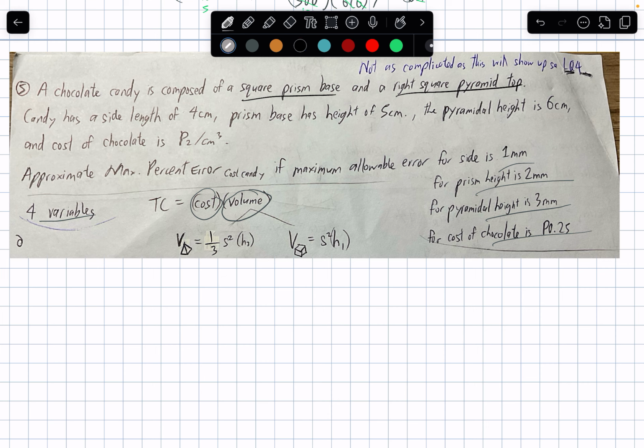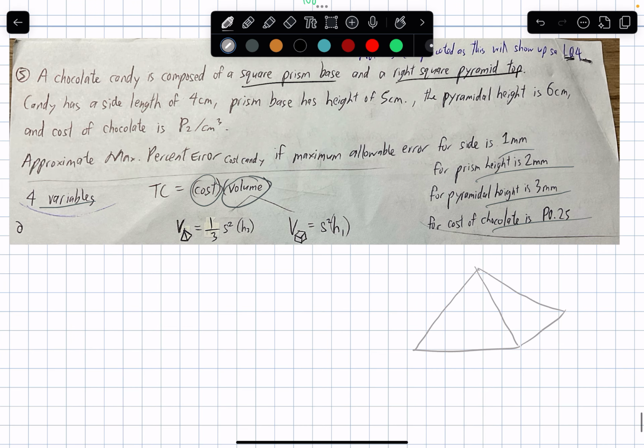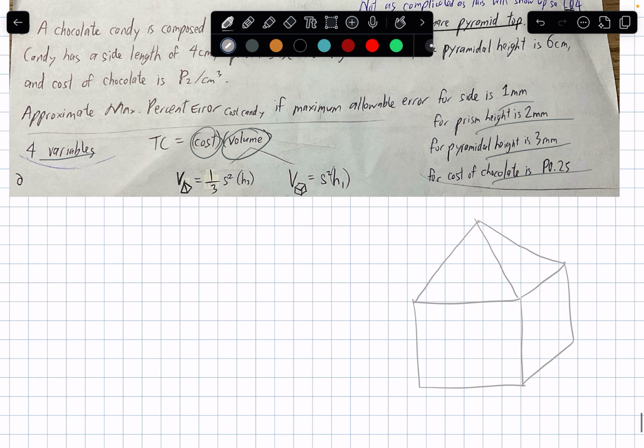Let's draw that first for better visualization. So that is going to be the right square pyramid top, and the square prism base is this. So this is our H1.